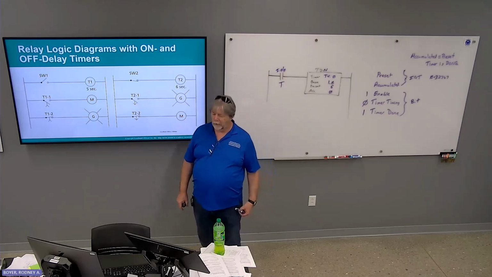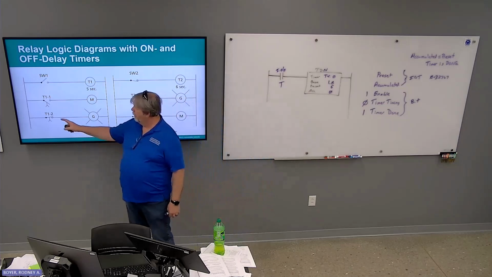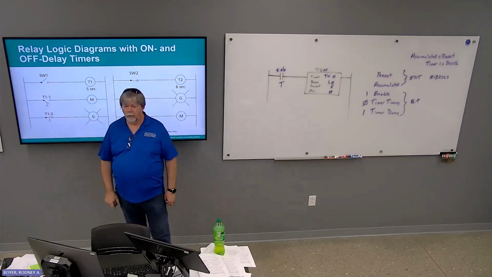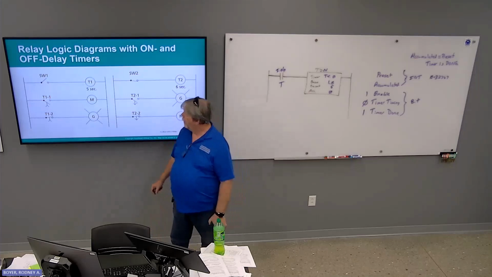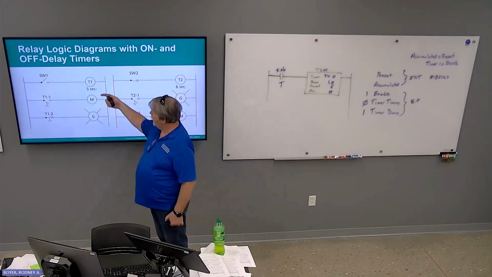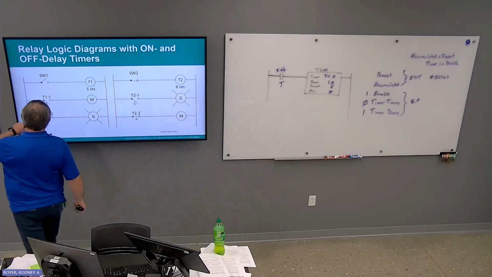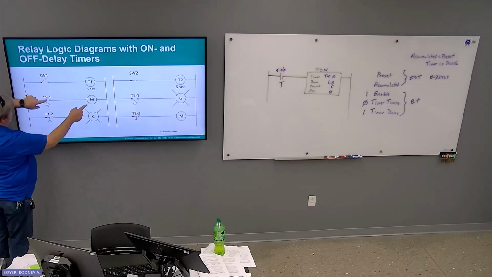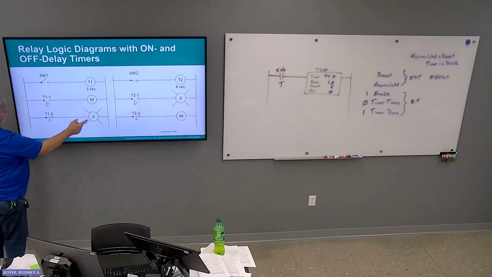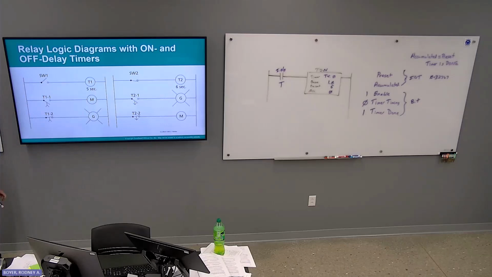We know it's an on delay timer because of the direction the contacts are in. After 5 seconds, this switch will close, turning on the motor. This switch will open, turning off the green light.